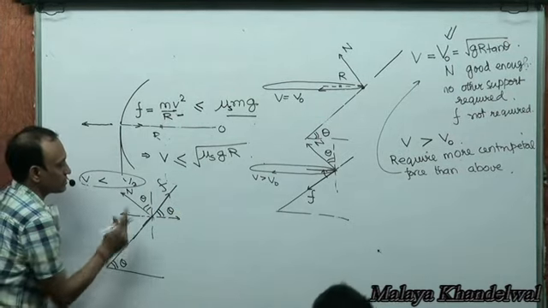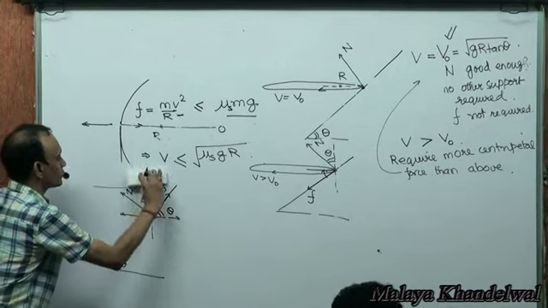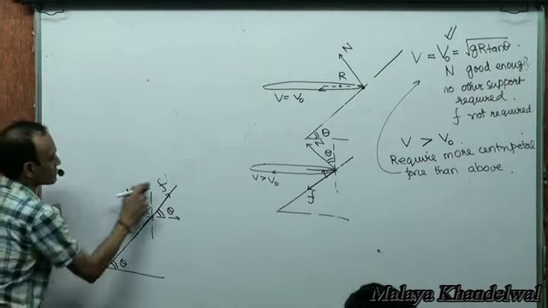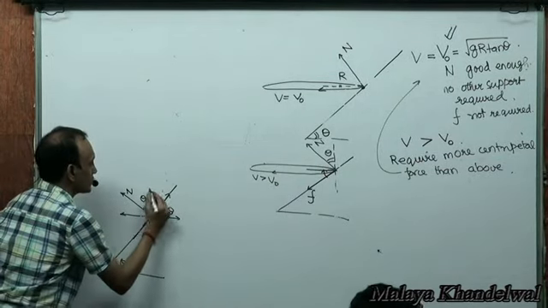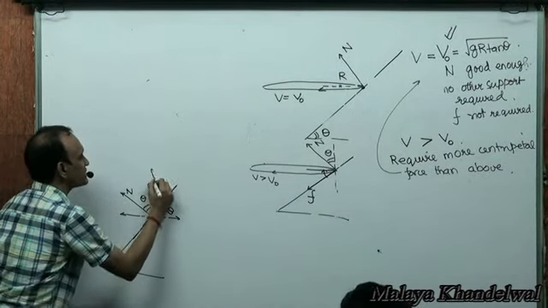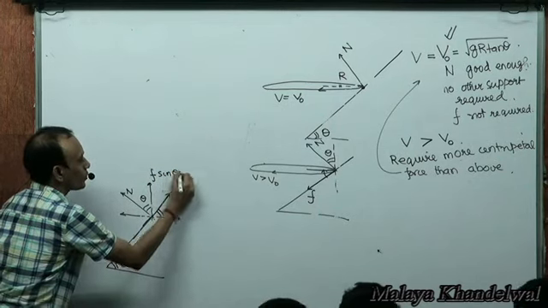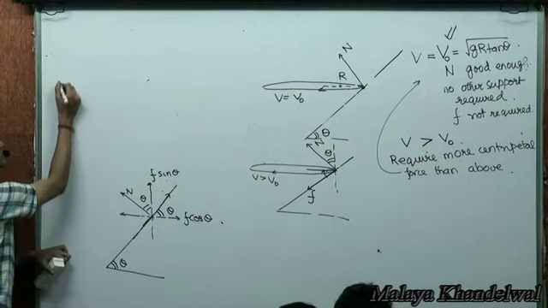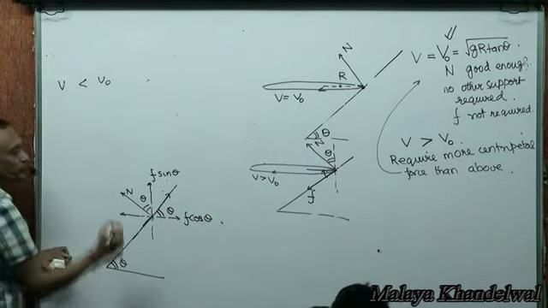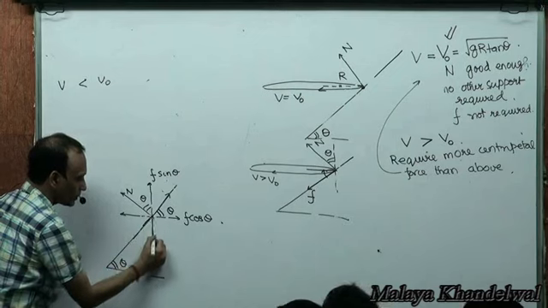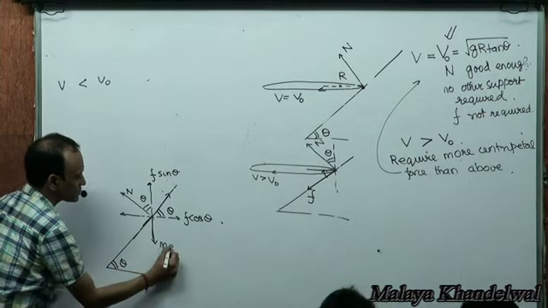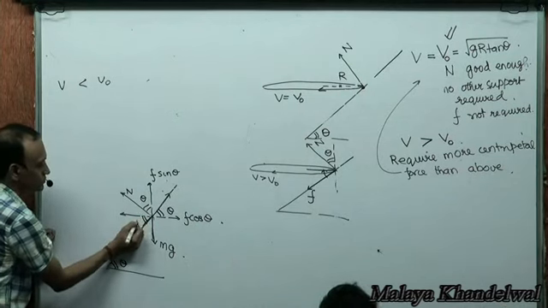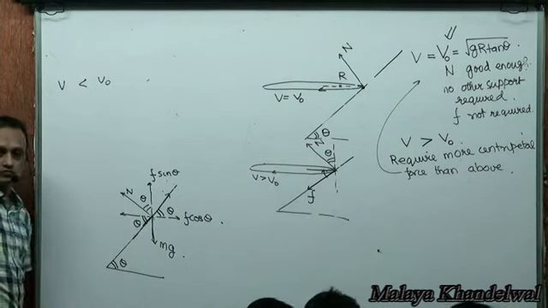Friction then could have been resolved as vertical component f sin theta, horizontal component f cos theta. This is V less than V naught, and there is mg acting like this. Yes or no?